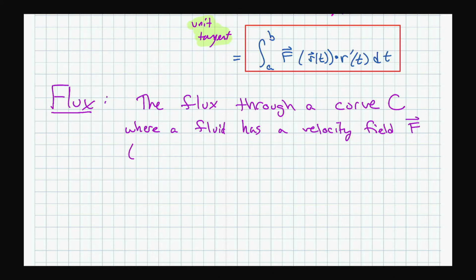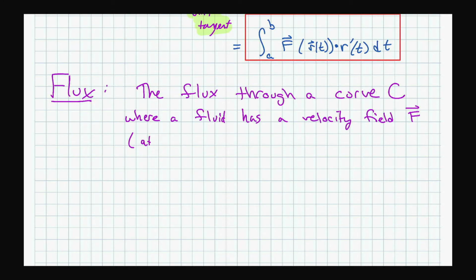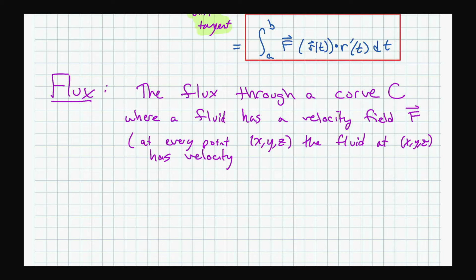It means that at every point x, y or x, y, z, the fluid at that point has velocity capital F of x, y, z.